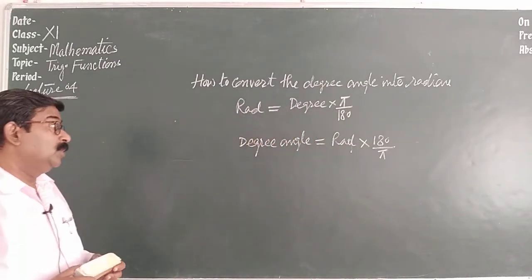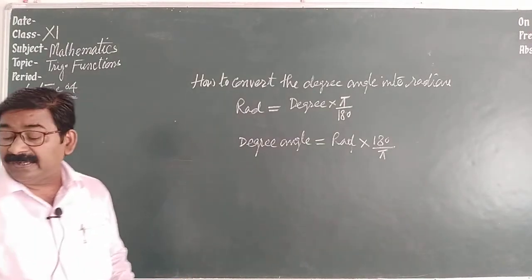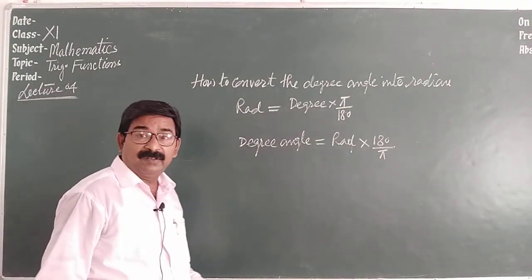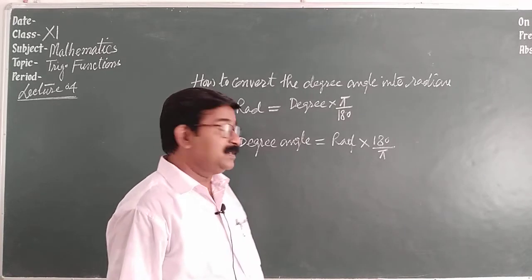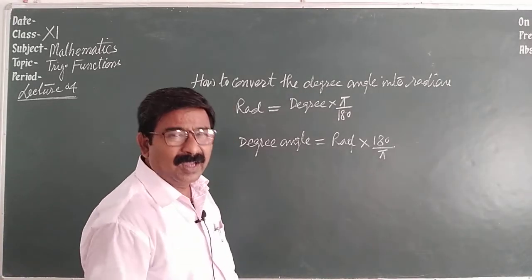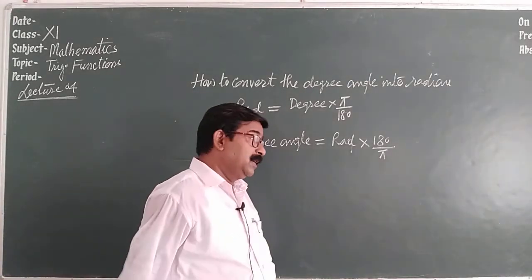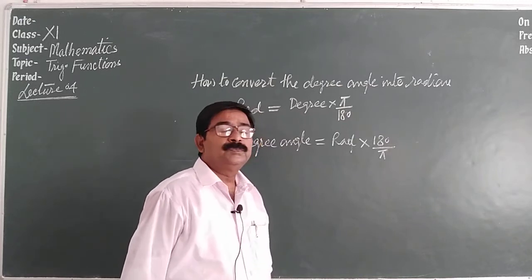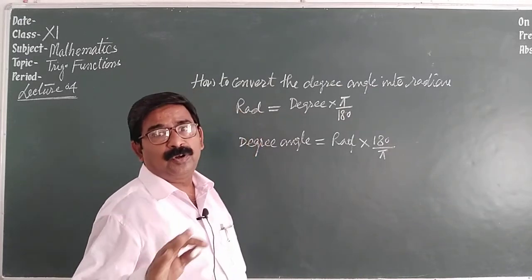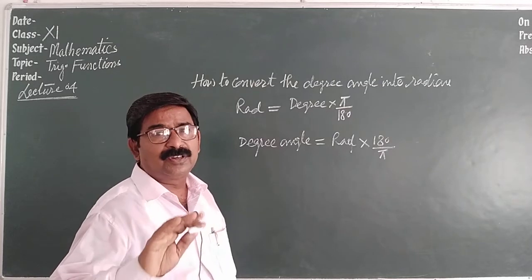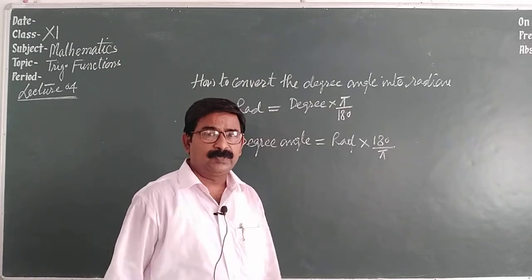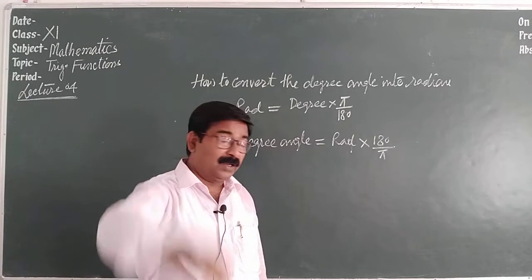Now you know the value of pi is 22 upon 7, the value of pi is 3.14 and some more digits. Actually 3.14 or 22 upon 7 is not the exact value. Many more digits exist.